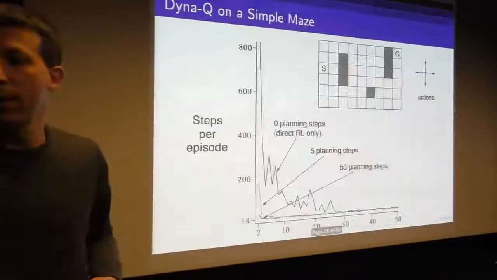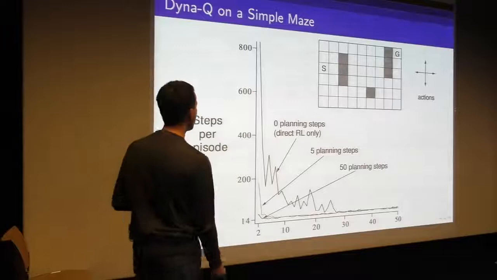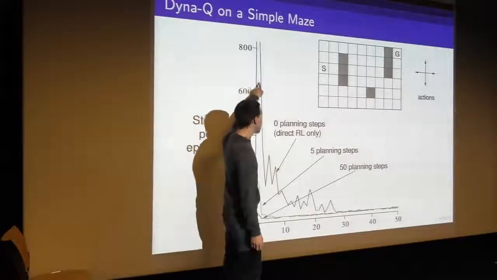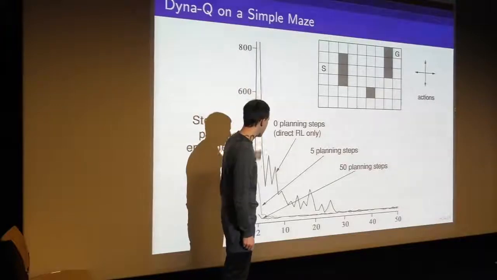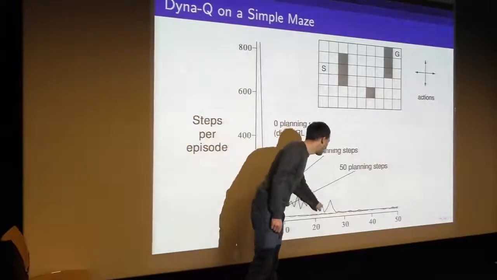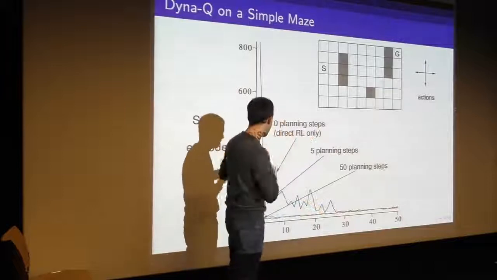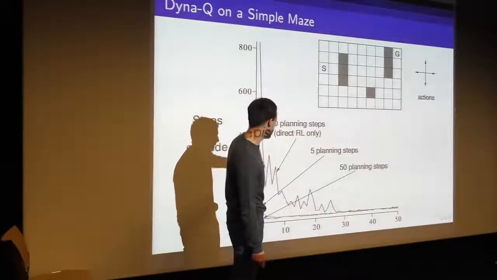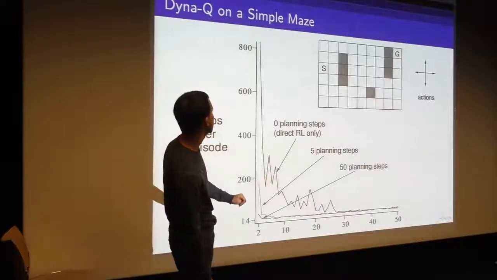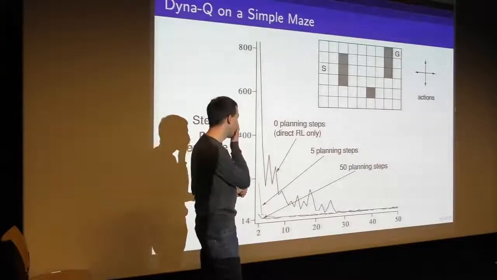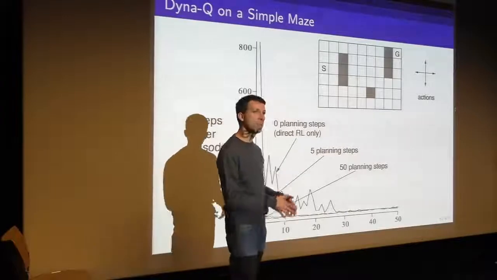What we see is that if I don't do any planning, if n is 0 and I don't use any imagined experience, this is our standard model-free reinforcement learning approach. We get these noisy samples, and after, I think this is the number of episodes down here, say 30 episodes, we've figured it out.